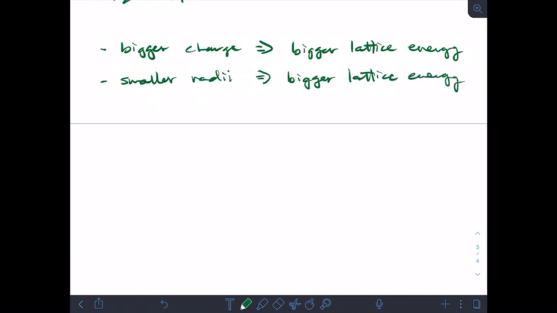Okay. So looking at periodic trends, let's look at a couple of examples of different ionic compounds, and take a look at how their lattice energy compares based on what we know from periodic trends, okay? So if I'm talking about the lattice energy in kilojoules per mole, I have some examples.